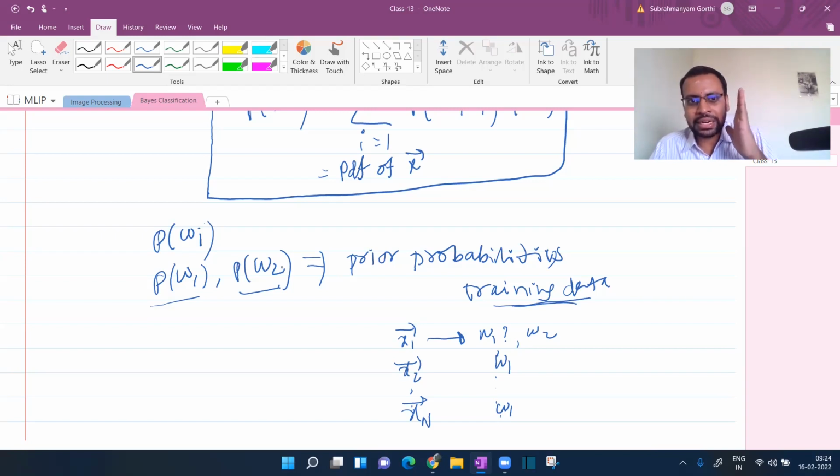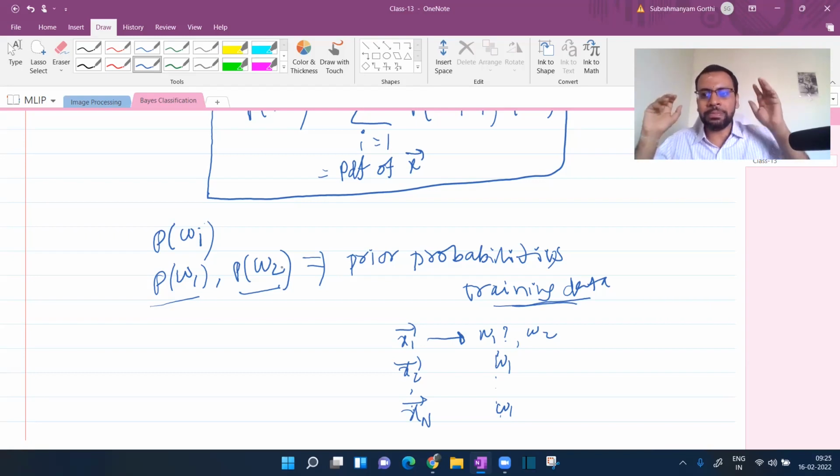When I say the training data is not biased, it doesn't mean that I have an equal number of samples for each class. That's one way in a different context. But for now, what I mean is that the proportion of samples for each class reflects what I could expect while testing. Is that statement clear?